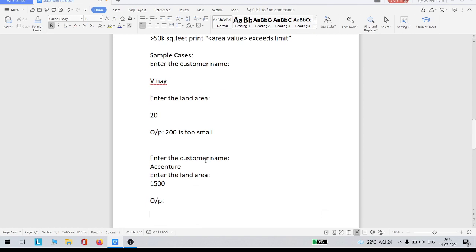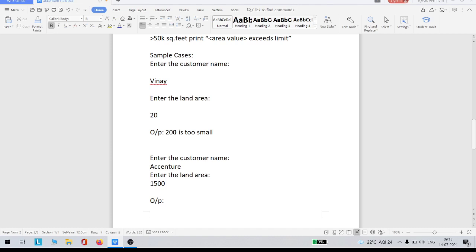What you all have to do in this question is print this, enter the land area, and then scan the input, and then print the output based on the conditions, whether it is less than 100 or greater than 50,000. That is case 1.